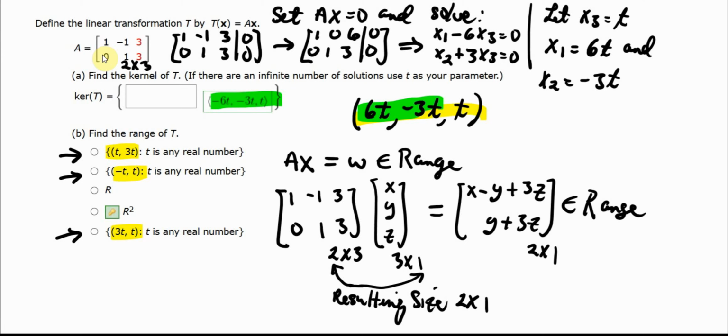And you have to rule out R3, because this transformation is mapping into the range size here of a 2 by 1, which is equal to R2.